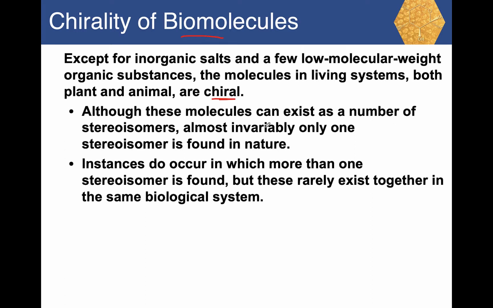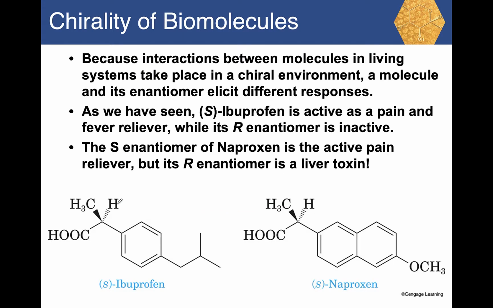Most of the organic compounds that exist in nature exist as stereoisomers, and as we have pointed out, these are very important in biological systems. Let's look at two important pharmaceutical compounds that we use on a regular basis, ibuprofen and naproxen, pain relievers.